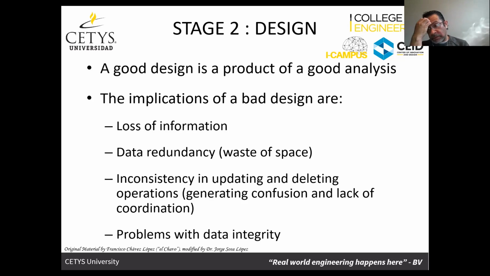And that's gonna have our data not be reliable. And that gives us a problem of data integrity. So the integrity of the data is going to be very important. It has to be reliable. It has to be accurate. It has to be available. All the things that we had mentioned previously.